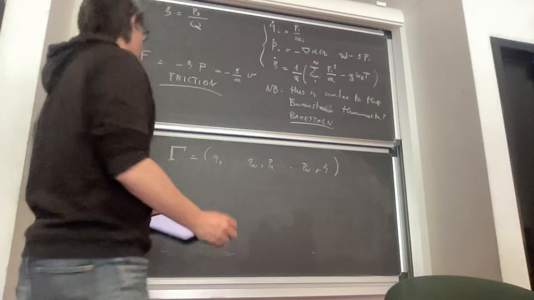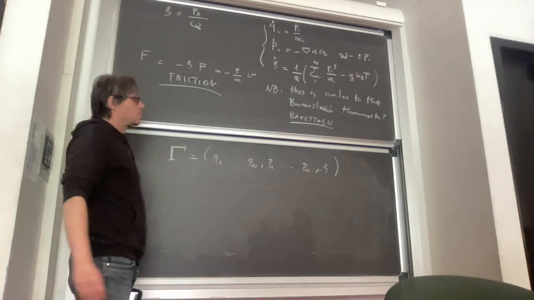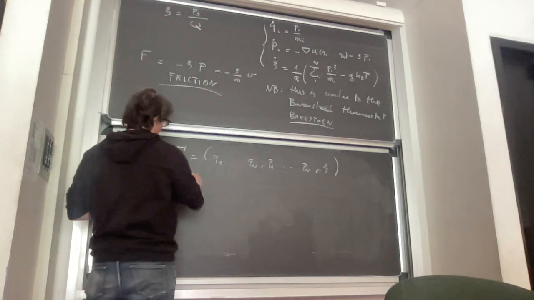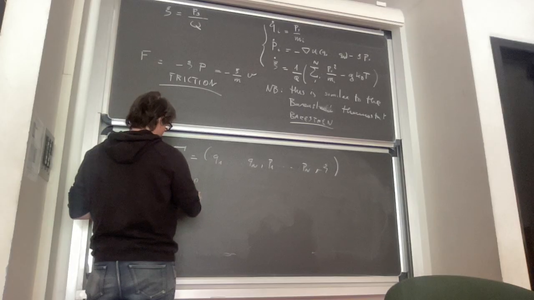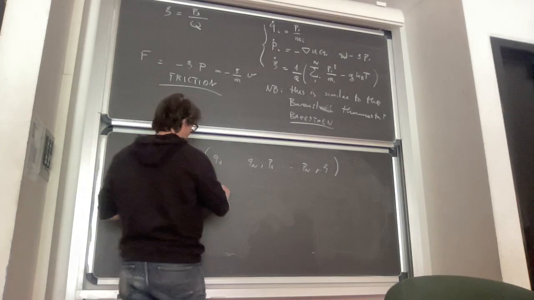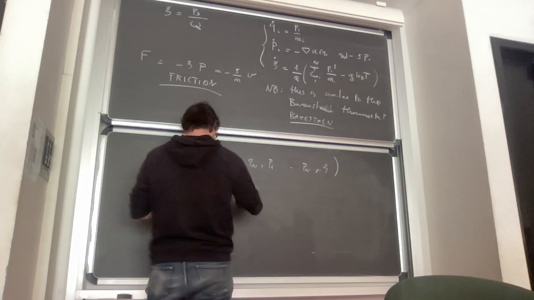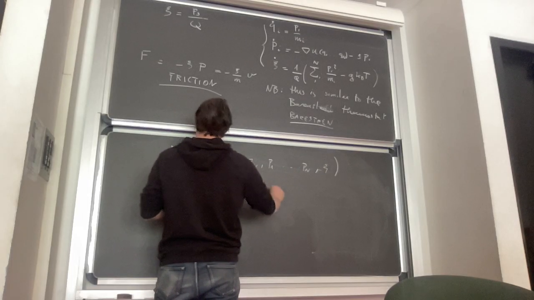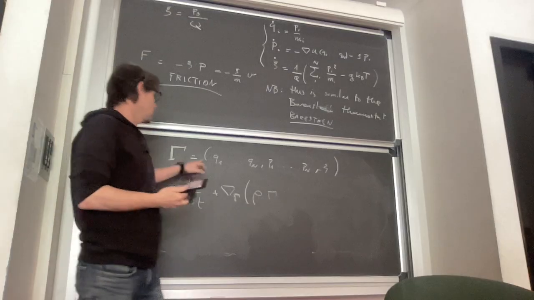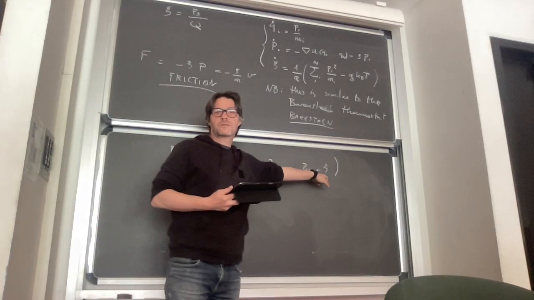Well, the idea is then to write the Liouville equation in the form of a continuity equation. The Liouville equation reads the following way. Now, my rho depends on all of these coordinates now, of course.